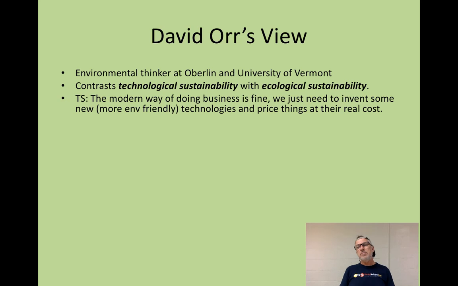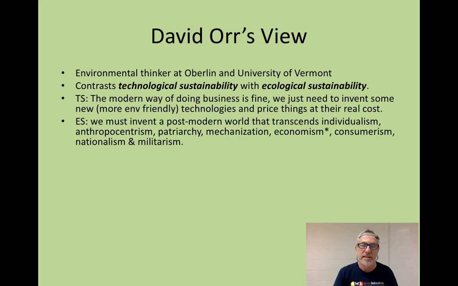And he said, ecological sustainability, in contrast, ES as I've abbreviated here, we must invent a new, revolutionary, I would add, postmodern world that transcends, and this is quite a list, so you may want to pause the video afterwards and think about it. Individualism, thinking about the individual as the ultimate aspect of human society.